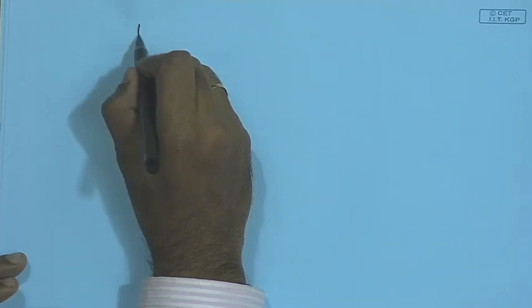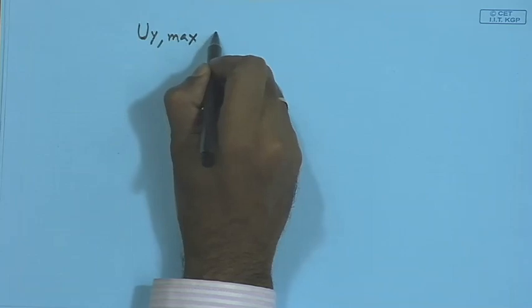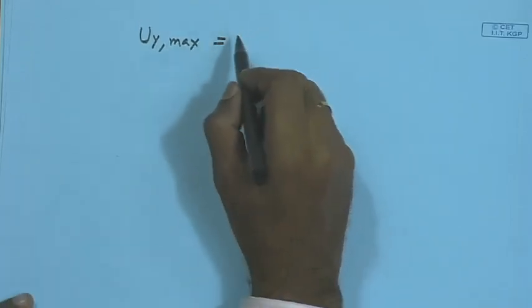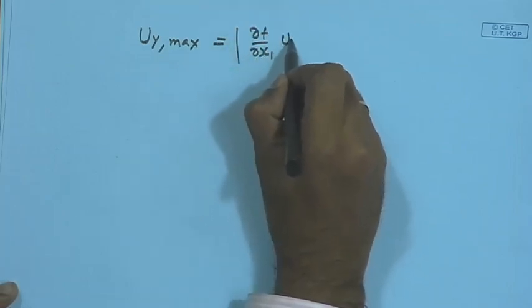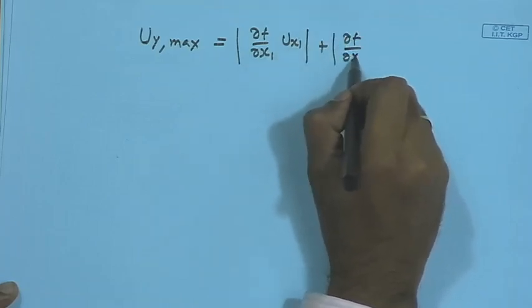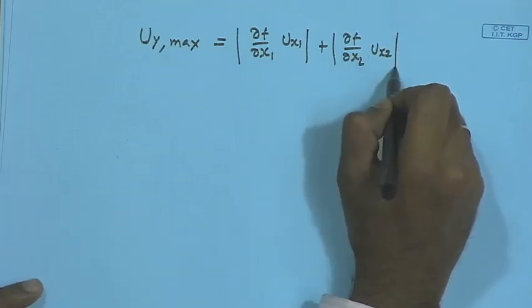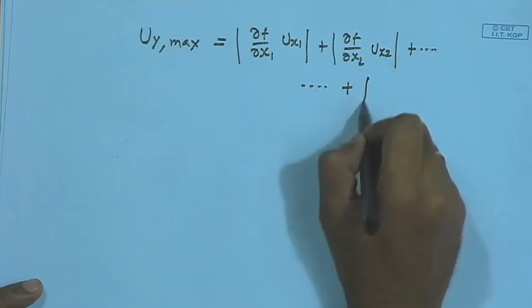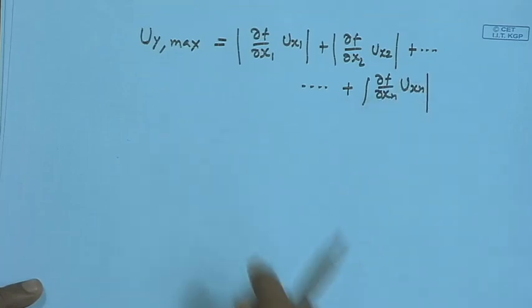So, the maximum value of uncertainty can be taken as this.